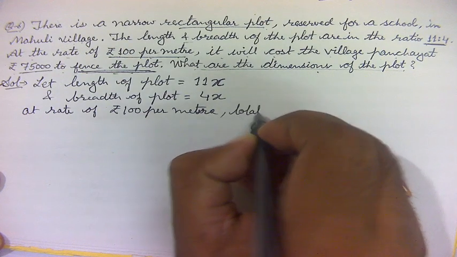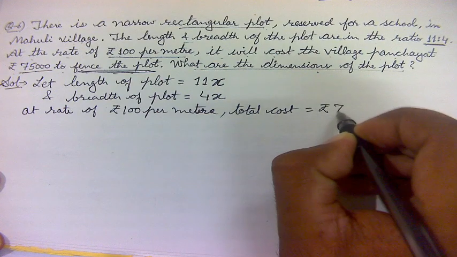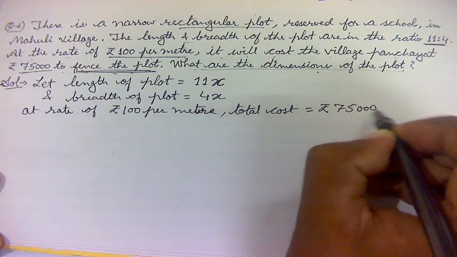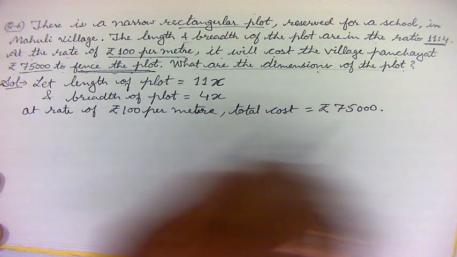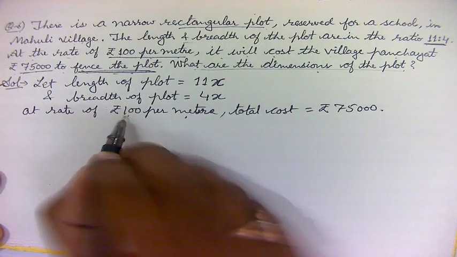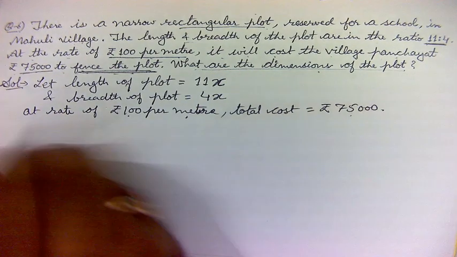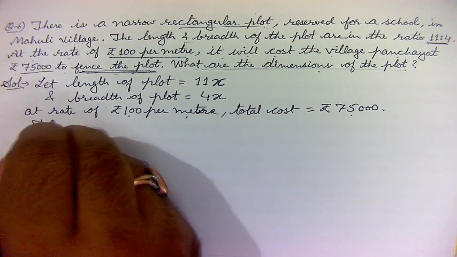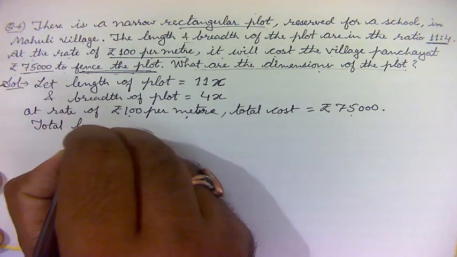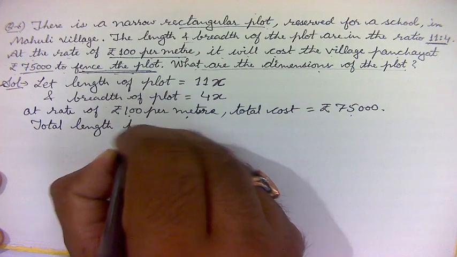total cost is rupees 75,000. 1 meter of fencing costs you rupees 100 and the total cost is 75,000. Then total length fenced.